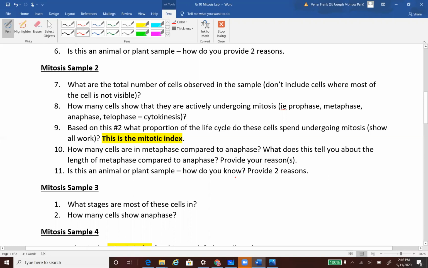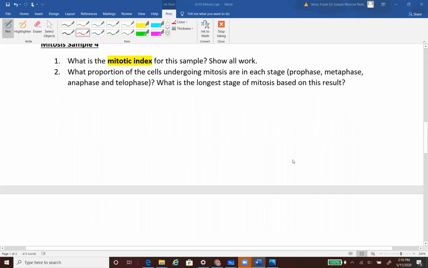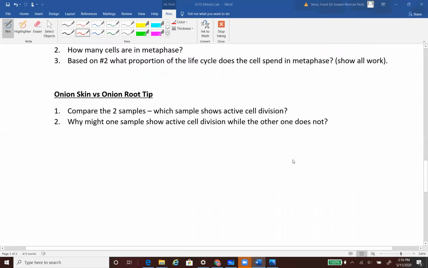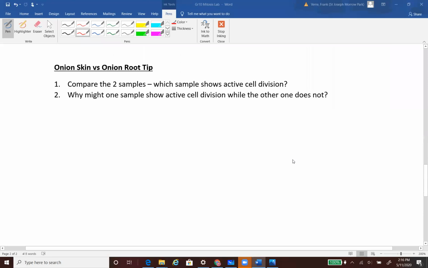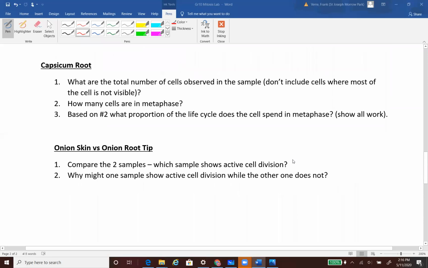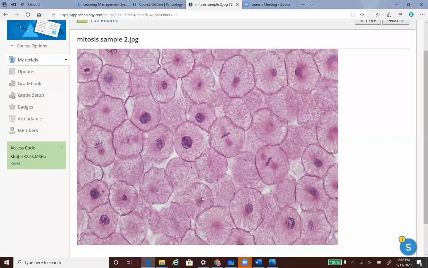So your job is to go through all the samples and then answer all the questions. There's a few that you're going to have to do. It shouldn't take too long, but make sure you go through them. Take your time. It might be a little bit tedious because counting the number of cells on this image might make you want to pull your hair out.